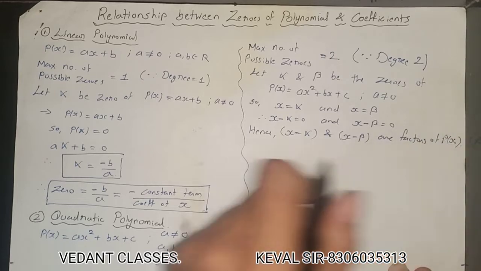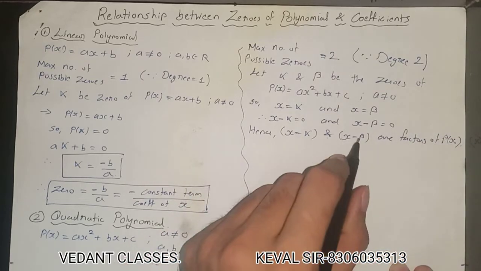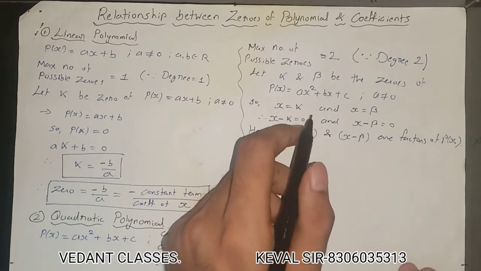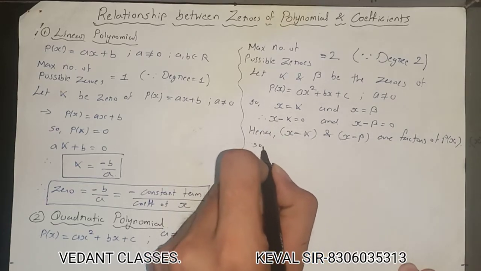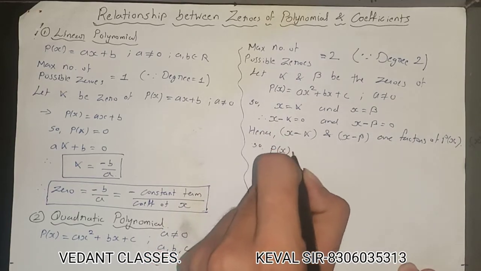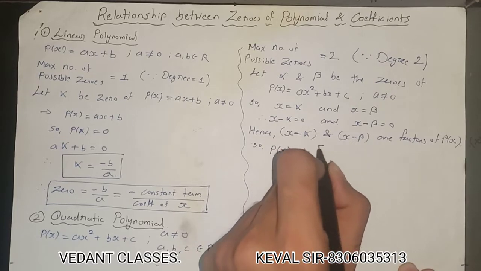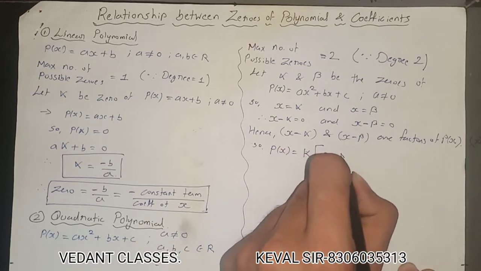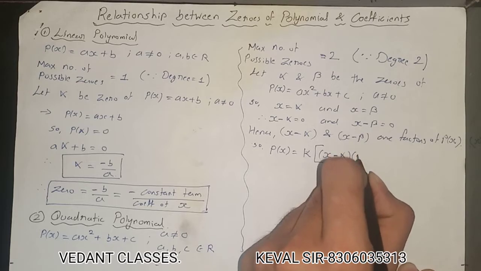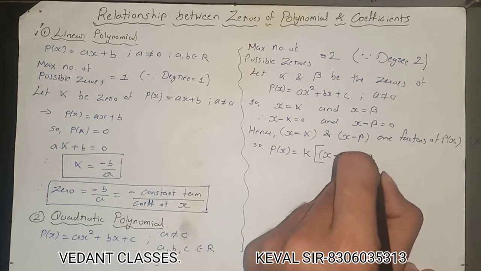So you can write p of x as any multiple of these factors, that is k times x minus alpha times x minus beta.